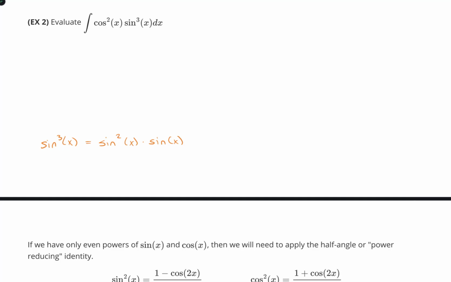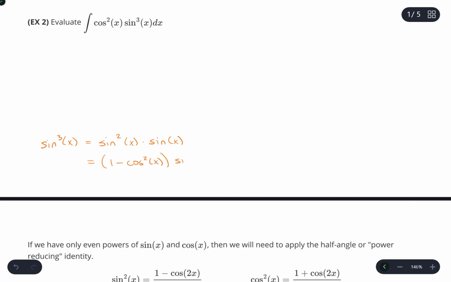But because of the Pythagorean identity, I can also say that sine squared is 1 minus cosine squared x, and then times sine x. And what that would allow me to do is preserve one factor of sine in order to use for u substitution, and transform all the other factors of sine into cosine so that I can actually do the substitution.